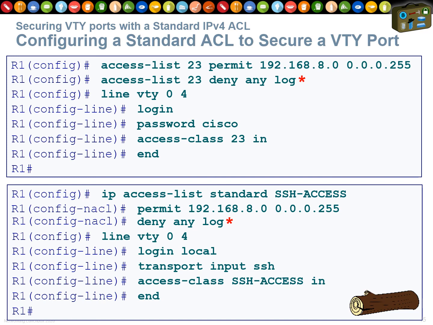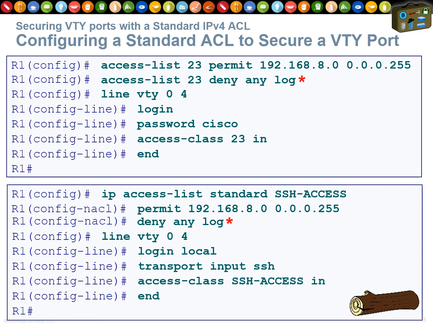What that means is that any match that matches that access list statement is logged to the console. So now, as a security portion, whenever anyone tries to telnet or SSH into this router, if they're not coming from the correct IP address, 192.168.8.something, they're going to hit the second line, which says deny. And that's going to be logged, so we're going to get a message on the console.